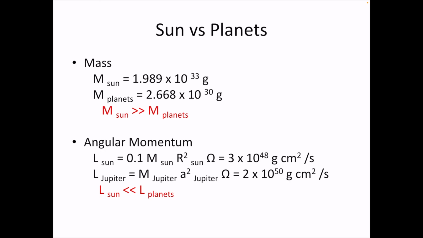The mass is concentrated at the center, the Sun, while the angular momentum is located in the planets, so we need to consider a mechanism to transfer mass to the center of the solar system, the Sun. Okay, this is a review of the planets in our solar system.